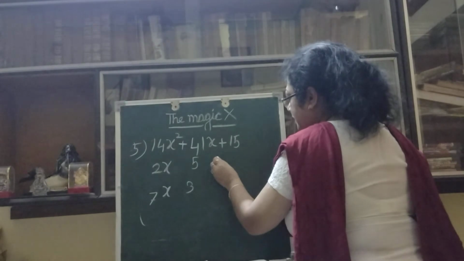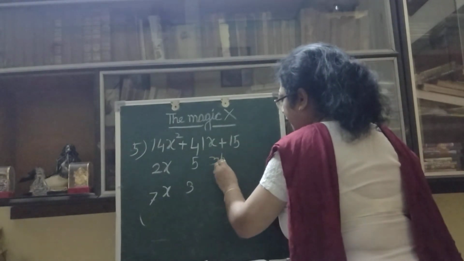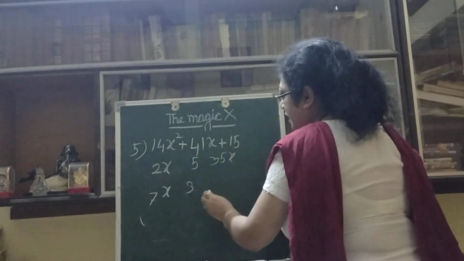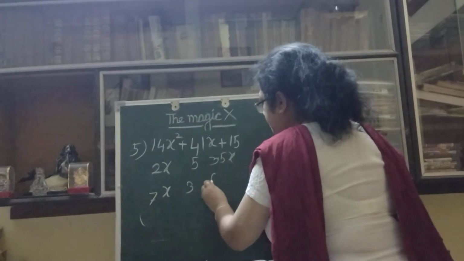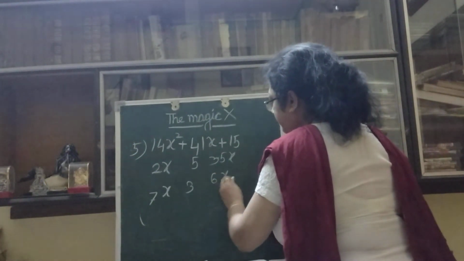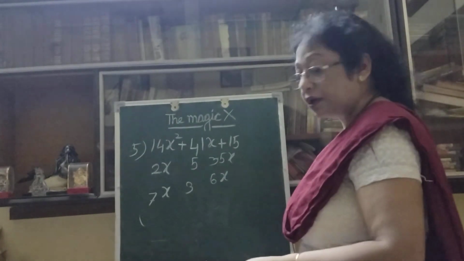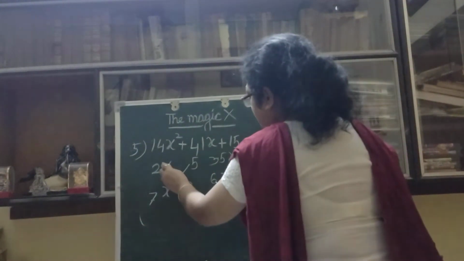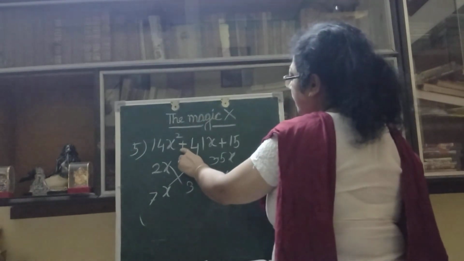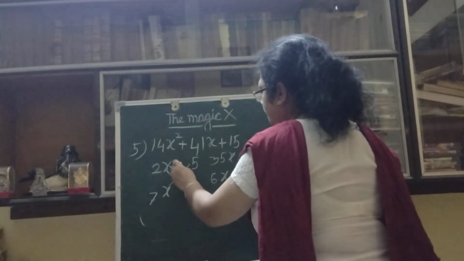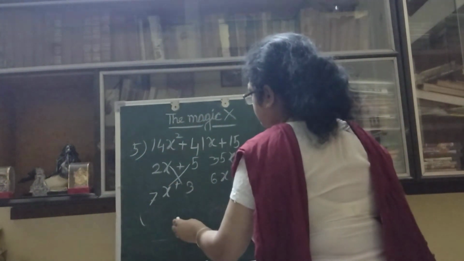5 7s are 35x. 3 2s are 6x. 35 plus 6, that is 41. Magic cross. So here it is plus, so plus plus.